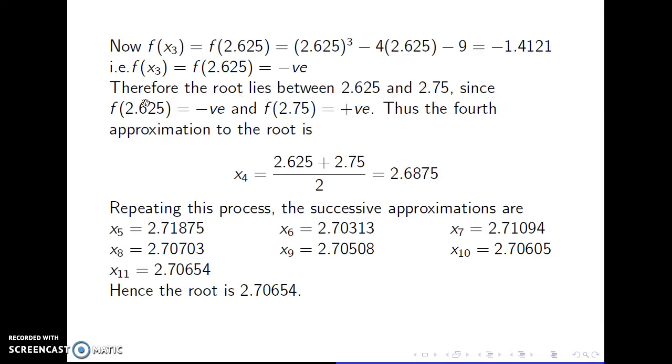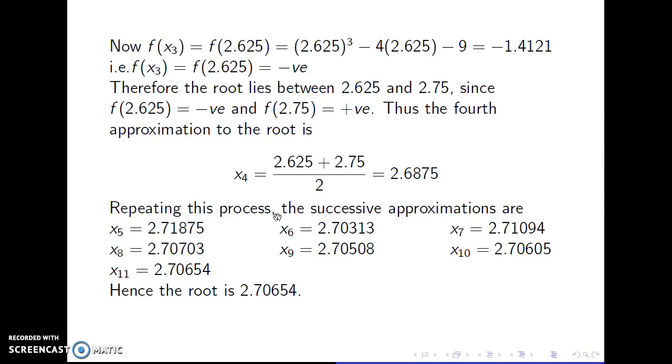Since f of 2.625 is negative and f of 2.75 is positive, the next approximation always lies between opposite values of the given polynomial. So here this value is negative and this value is positive. Thus, the fourth approximation to the root is 2.625 plus 2.75 upon 2, that is the x4 value.